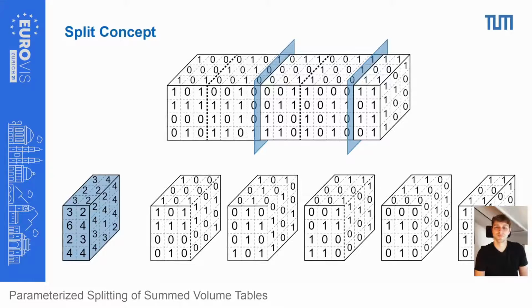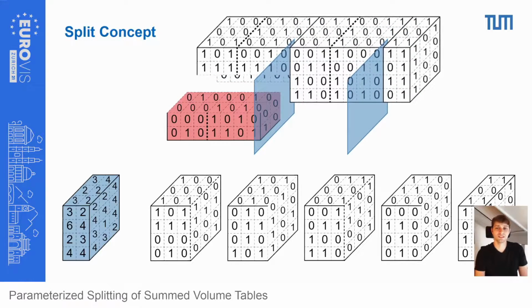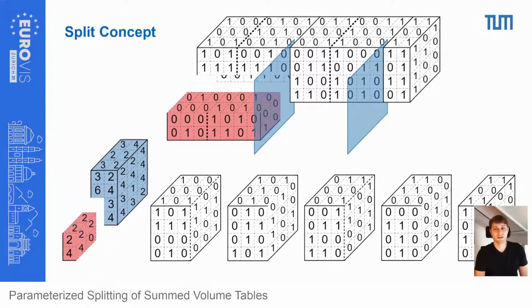By considering 4 different cases, one can see that any prefix sum of the initial volume can be recovered from a prefix sum of the aggregate array and a prefix sum of one of the subarrays. In the first case, the box of interest ends immediately in front of a cut plane. Here, we can recover a prefix sum from an aggregate array only, since the box partitions into bands that were summed over in the aggregate array.